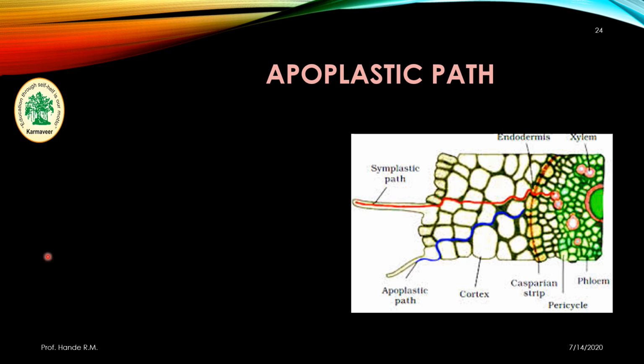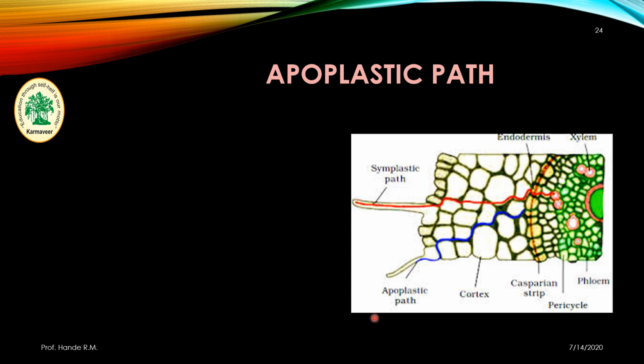When some water passes across the root through the cell wall or the intercellular space, it is known as the apoplastic pathway.